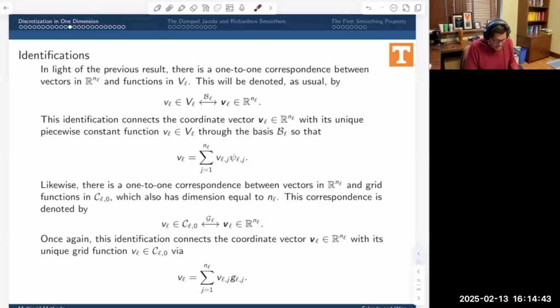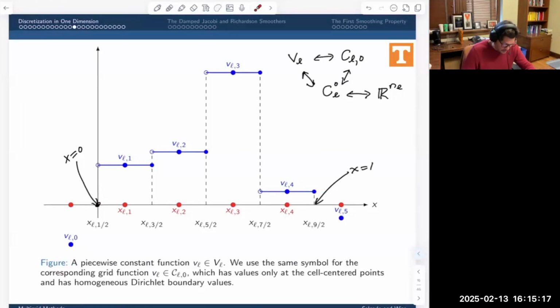In one sense, I'm making the identification between this space and this space, but I can also make this identification directly. I don't have to pass through this space. I can say, I know how to make a function that, for example, if I have a cell-centered function with homogeneous Dirichlet boundary conditions, I can connect it or immediately come up with the related or associated function from this piecewise constant space and vice versa. Okay? And I think the picture tells the whole story there.